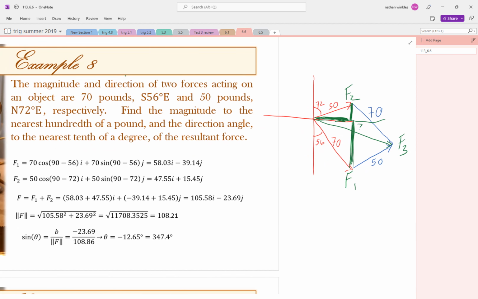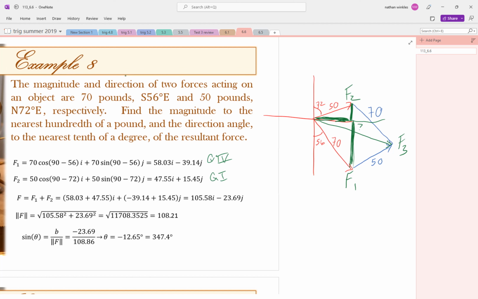For my second force, 50 cosine 90 minus 72 i plus 50 sine 90 minus 72 j gives me 47.55 i plus 15.45 j. Notice these put us in the exact quadrants we need to be, because this is a quadrant 4 and this is a quadrant 1 in terms of x, y values.